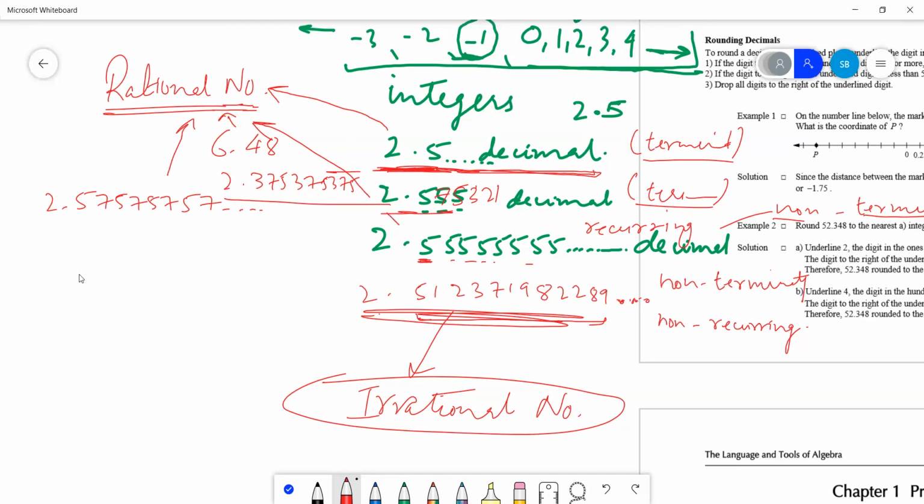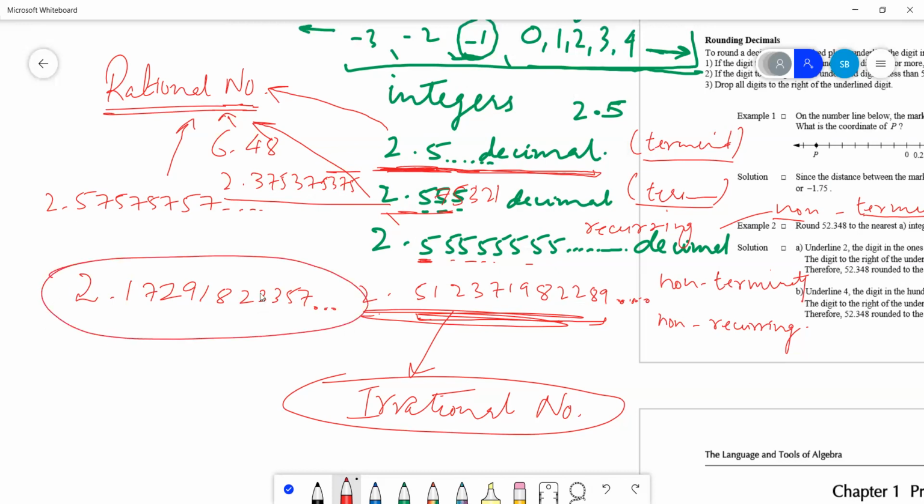But what about 2.17291823357, where there is randomness here? Do we say this is a rational number? That's irrational. That's an irrational number, correct.